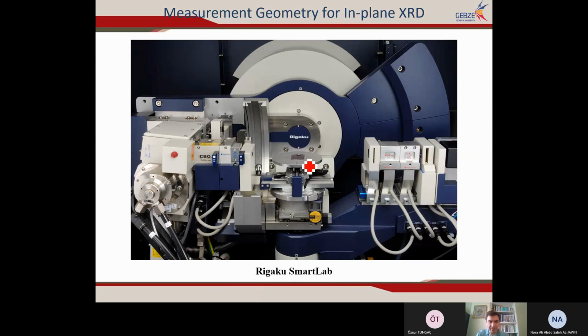Here you see the material shining. This is the X-ray source, this is the detector, and these are the optics, filters, and slits. The X-ray comes to the surface of the material with a certain in-plane angle, and then it goes to the detector waiting here. There are also optics in the path of the diffracted beam.